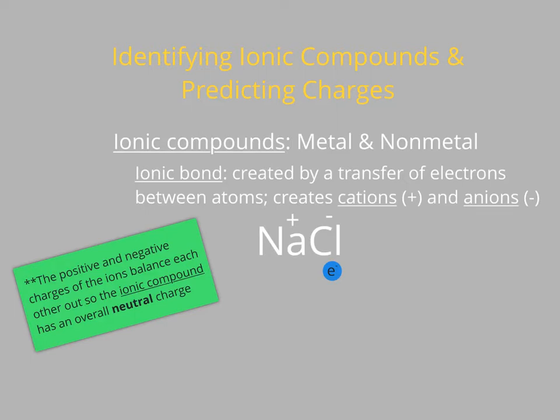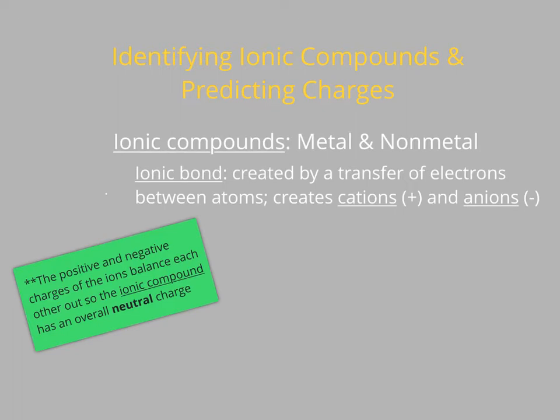It's usually pretty easy to identify which is the cation and which is the anion in an ionic compound because our cations, our positive ions, typically come first. We can also use the periodic table to predict whether an element will act as a cation or an anion.